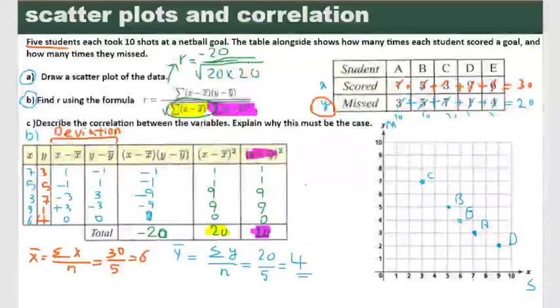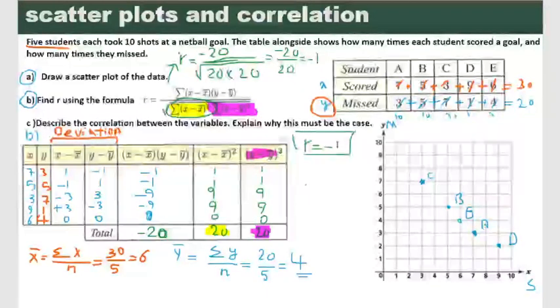A square root of the number to the power of 2, I can cancel out my index, which is 20. So negative 20 over 20 gives me negative 1. I will write here R equals negative 1. So I write here R equals negative 1.